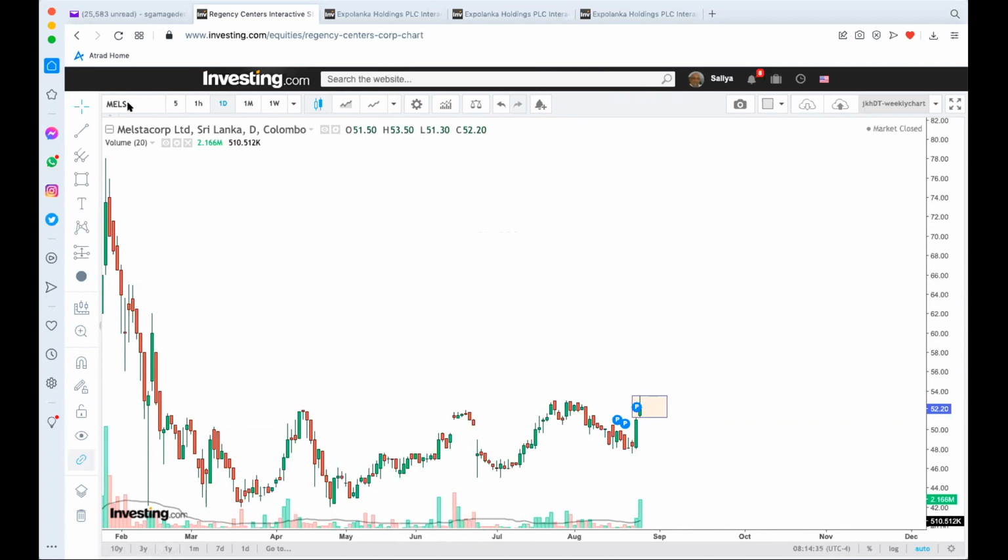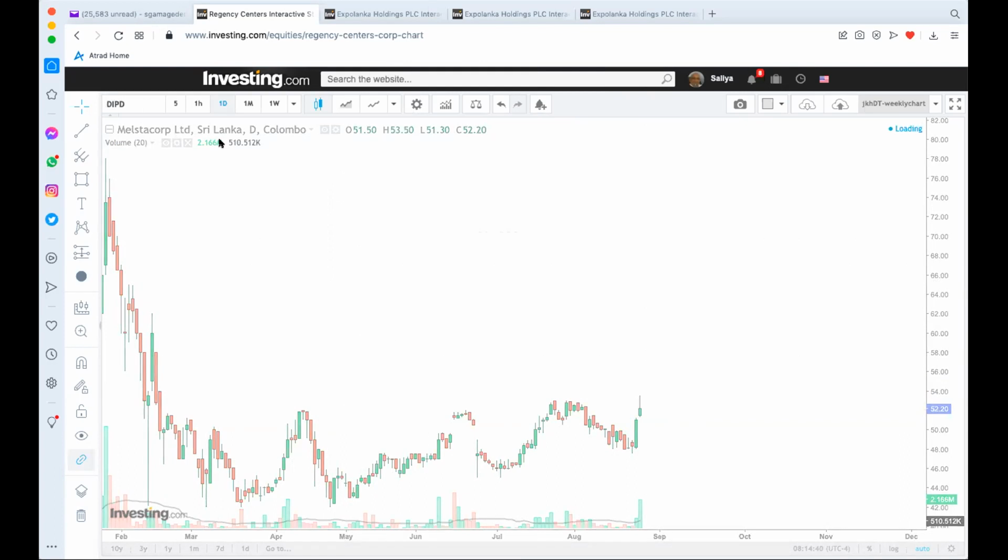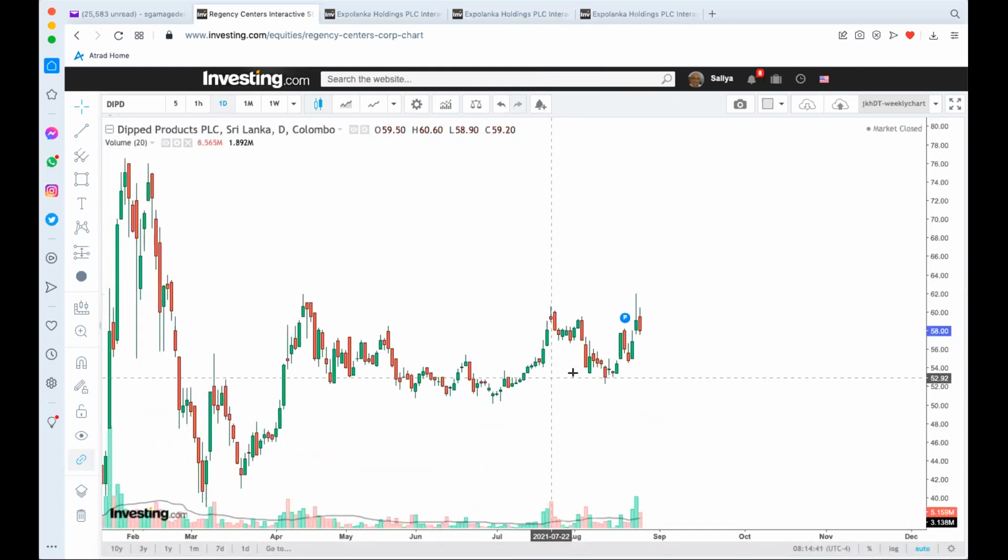Finally, the products. In the case of dip products, you can see this top at 60 rupees and 60 cents. Before that, this top is at 61.90. So 60.60 to 61.90. What happened here? Yesterday it went up to 62. So 60.60 and 61.90 were all tested, and whoever wanted to sell at those levels managed to sell.